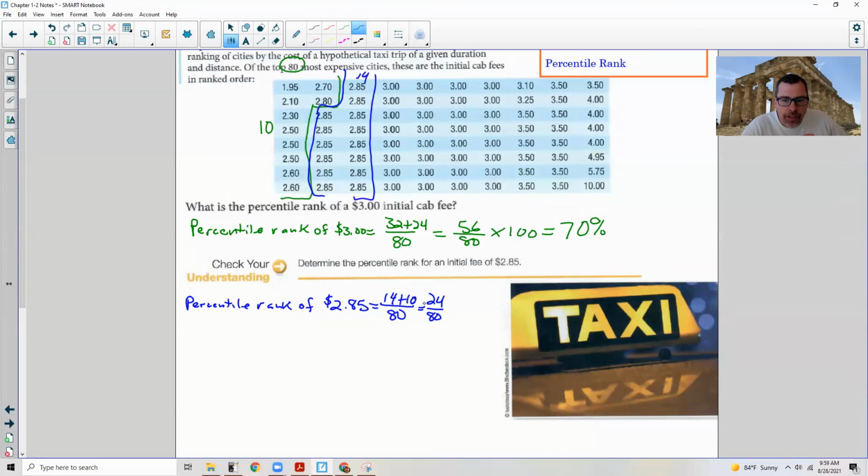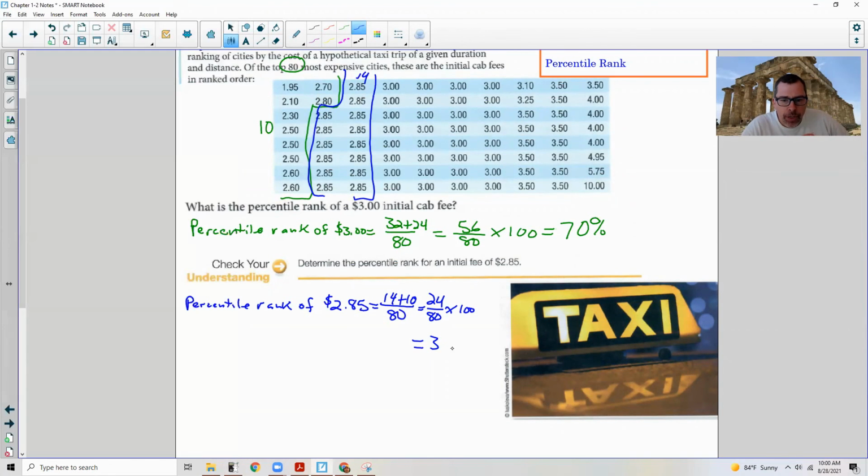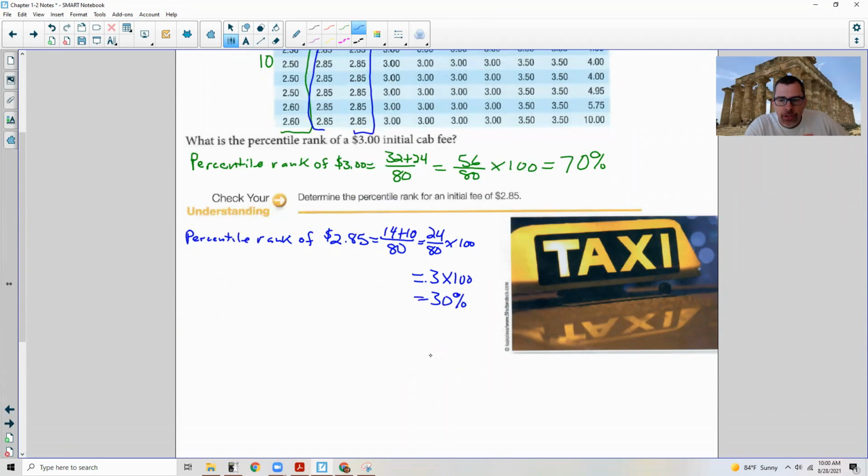And we want the percentile rank, so we're going to multiply by 100. Well, 24 divided by 8 is 3, so 24 divided by 80 is 0.3. And 0.3 times 100 moves the decimal 2 places to the right, and that'd be 30%. So 30% of the data is at or below $2.85.